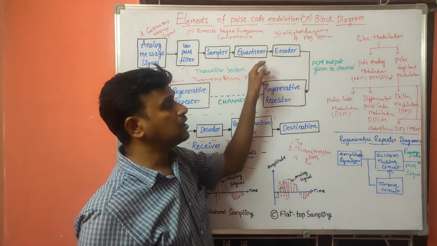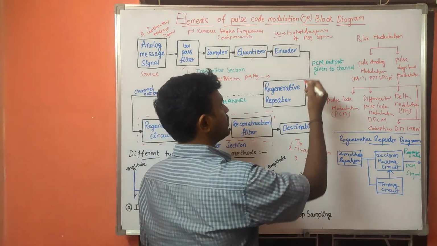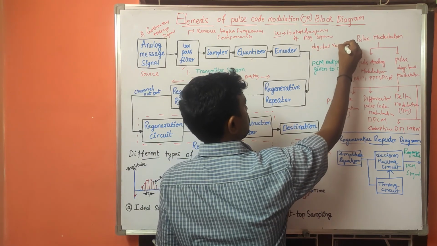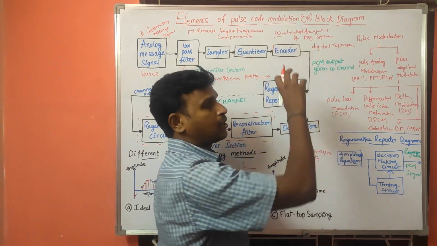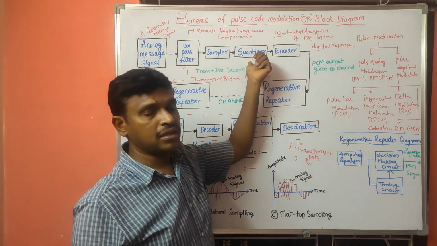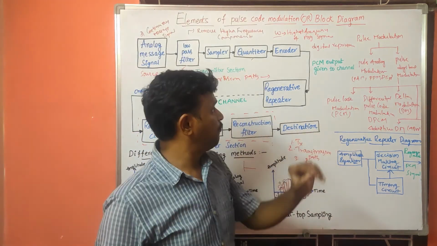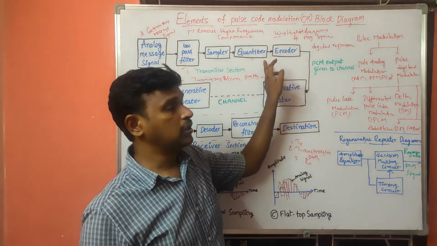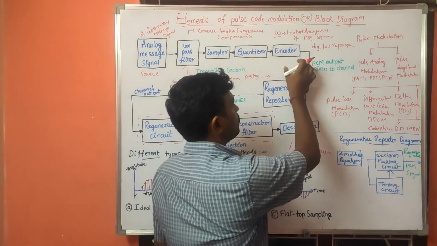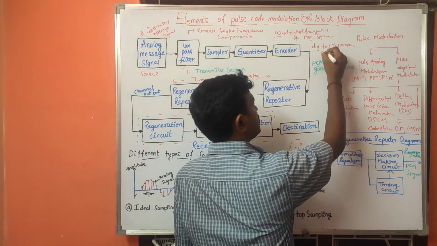Okay, so whatever the quantizer output we have, for that output it will provide the digitization, the digital representation. So what will the encoder do? The encoder will assign a binary data representation for the quantization levels we got at the output of the quantizer. So the output of this encoder is a digital representation of the signal we are having.